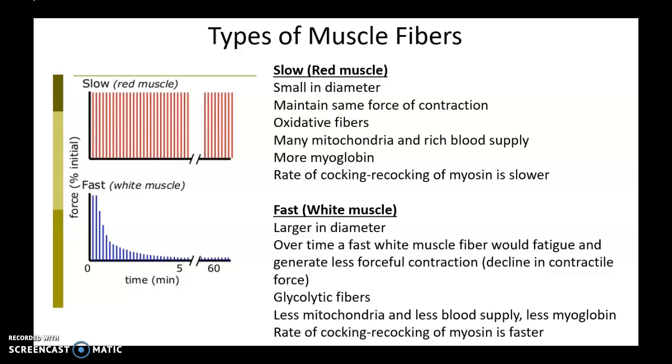Now remember, in the case of the slow red fibers, the rate of recocking of the myosin heads is way slower. And in the case of the fast white fibers, the rate of recocking of the myosin heads is way faster. So these are the basic differences between the slow and the fast fibers.